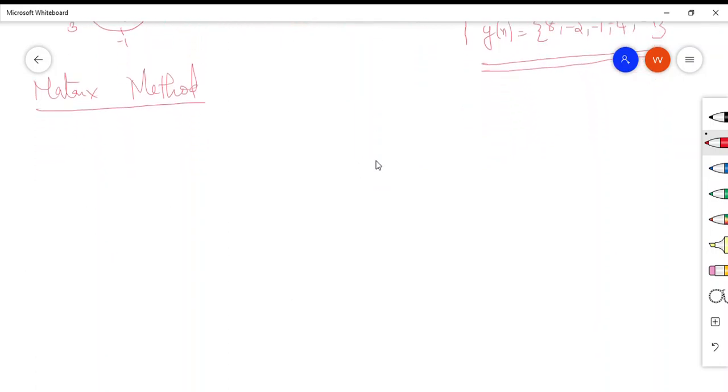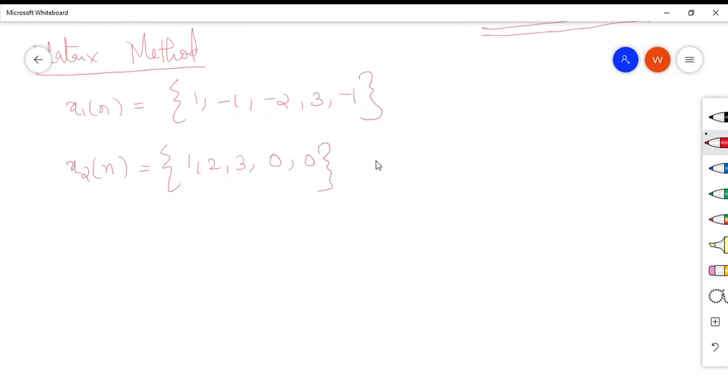just write the two signals. x1 of n is equal to 1, minus 1, minus 2, 3, minus 1. The second signal is a zero-padded signal, 1, 2, 3, 0, 0. Now first you take the first signal and write it in the form of a matrix. The first signal has to be written as the first column, 1, minus 1, minus 2, 3, minus 1.